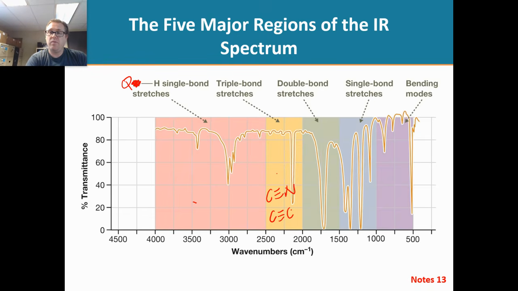In the green, we would see our carbon-carbon double bond stretches, and around that region we would also see our carbonyls. And then in this blue region, we will see single bond stretches between carbon-carbon.